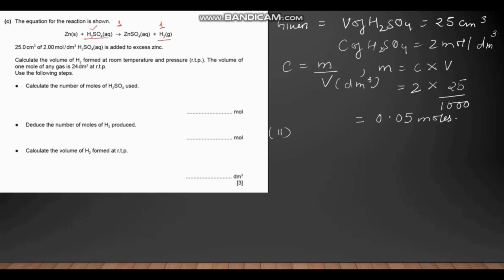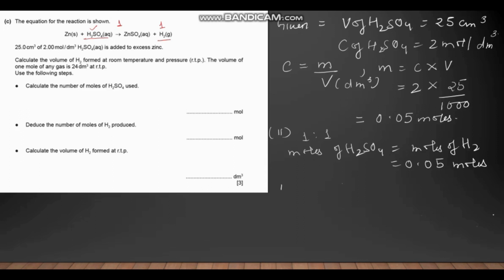So whatever is the number of moles of H2SO4, as the ratio is 1:1, it will be equal to the moles of hydrogen produced. So here also the answer will be 0.05 moles.